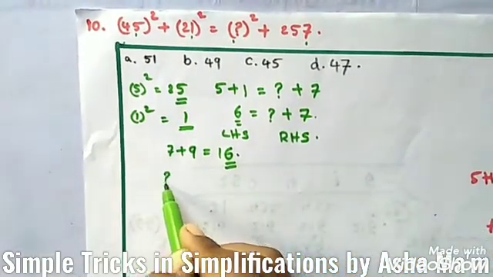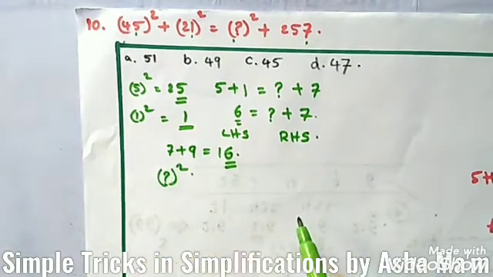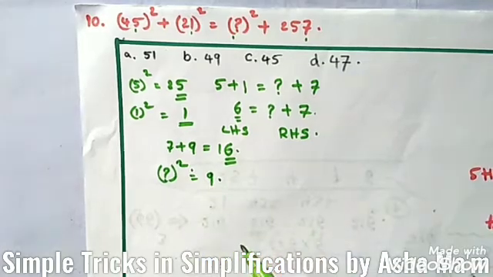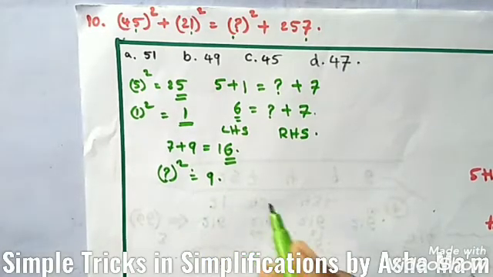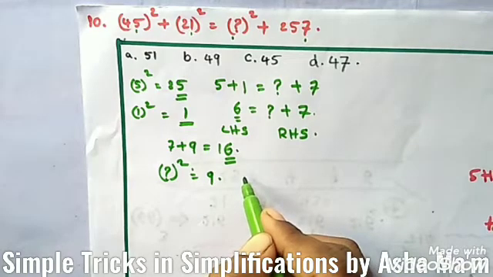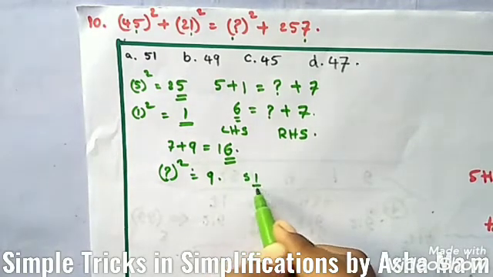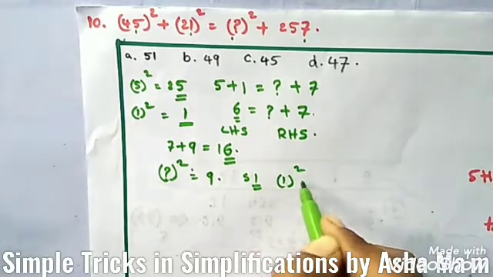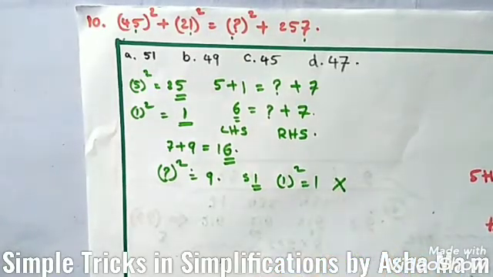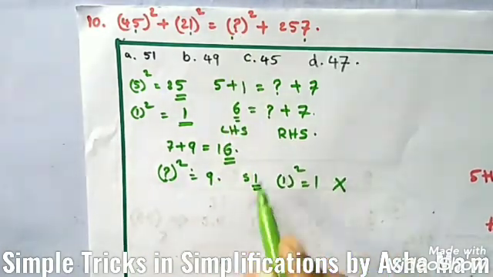For suppose question mark whole square, after squaring the number, the last digit is 9. For suppose options you can see, first one 51. In this option A, 51, this 1 whole square means 1. That is the wrong answer. We should get 9 here, okay? Question mark whole square is there, that's why.